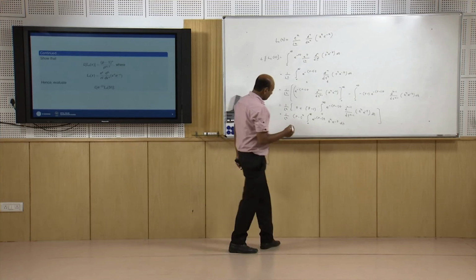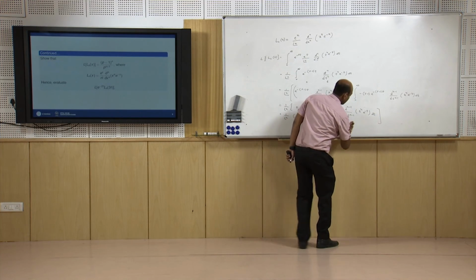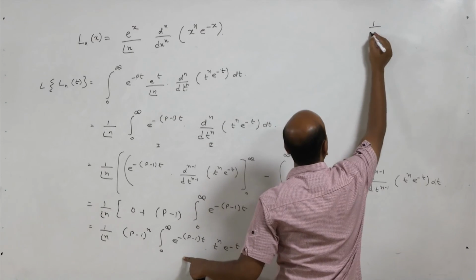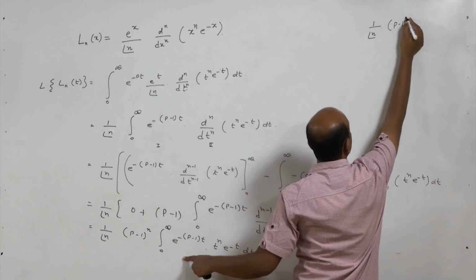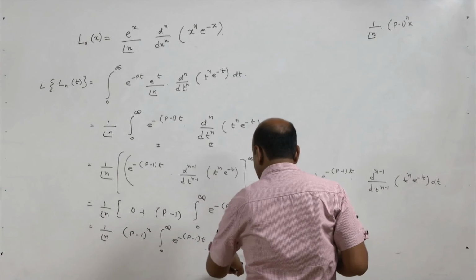So, this will be 1 by factorial n times p minus 1 to the power n into, now e to the power t and minus t cancel out.